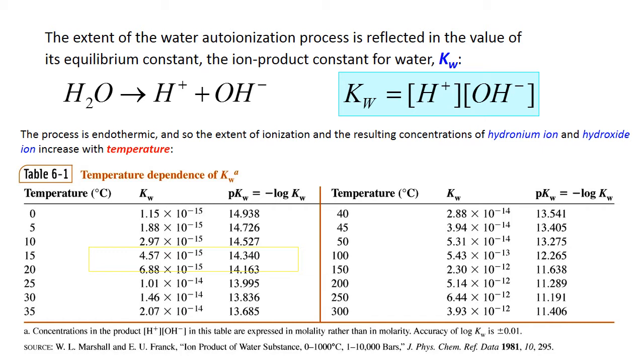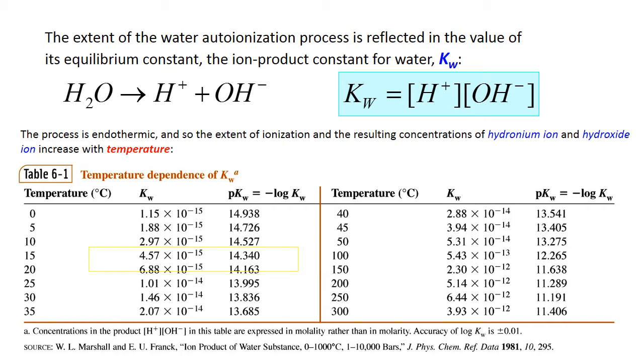Now, we must divide by the concentration of our reagent, which is water. But we are talking about pure water, so the molar fraction of water in water is 1. We can skip that. Because of that, we do not have a ratio, we have a product, H+ multiplied by OH-.